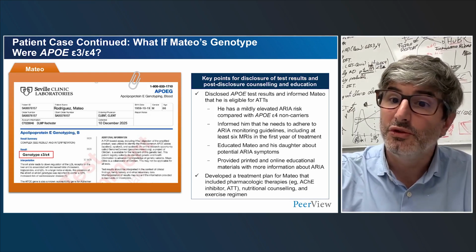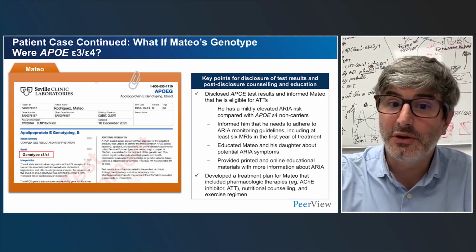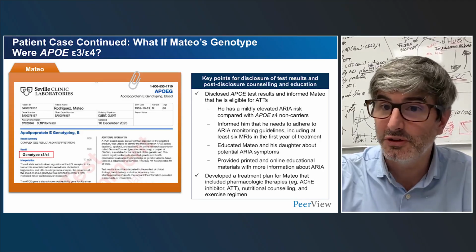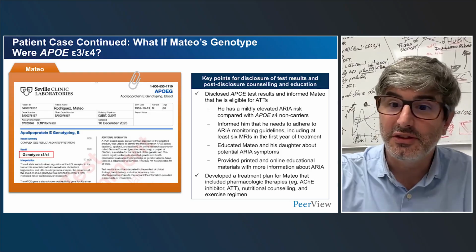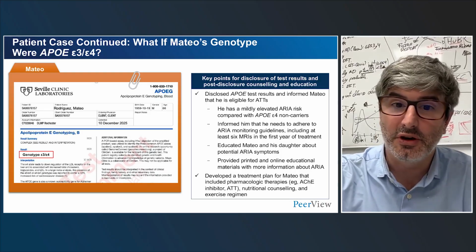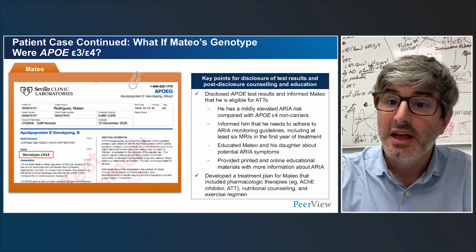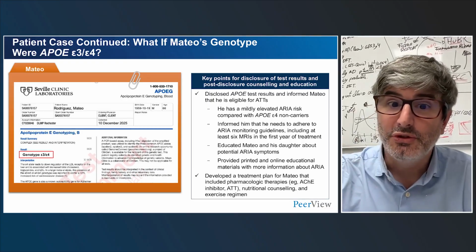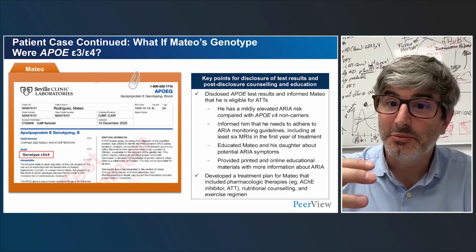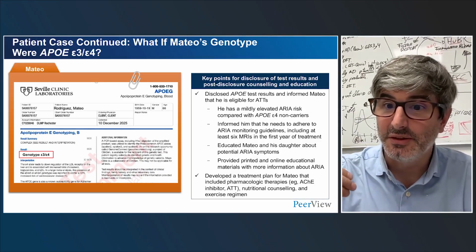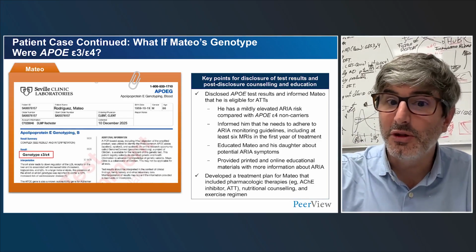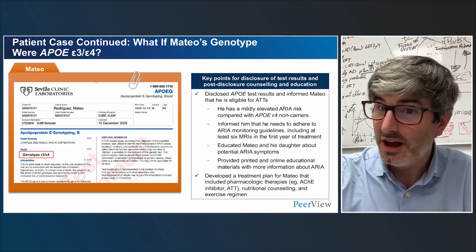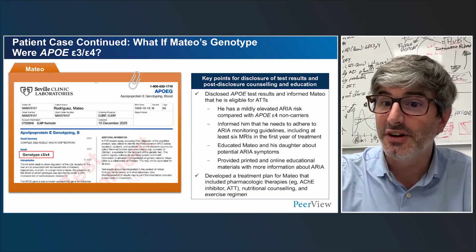And we should always provide printed and online education materials. I mean, we're providing a lot of information, and printed materials are essential when advising our patients. And even in the case that they are on anti-amyloid therapies, we should not forget that the treatment plan should be broader. Patients even on anti-amyloid therapies should also receive anticholinesterase inhibitors, and have the same nutritional counseling and exercise regime.